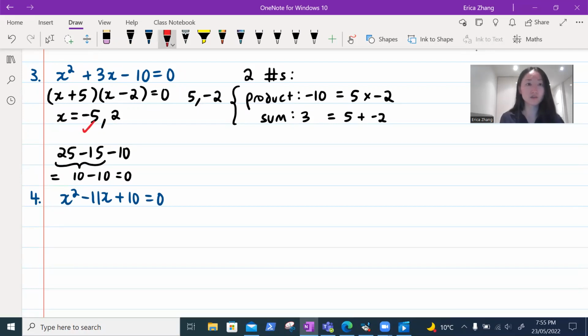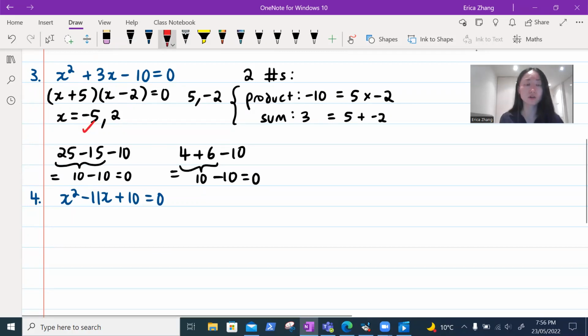So -5 is correct. Now let's check x is equal to 2. 2 squared is 4. 4 plus 3 times 2 is 6, minus 10. This gives us 10 minus 10, and that's equal to 0.